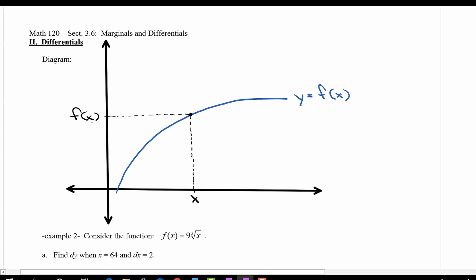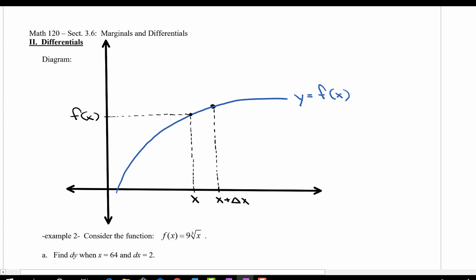And I'm going to choose a second point that's on this function. This time, instead of going up by just 1 unit, which is what I was doing when we were working with the marginal cost, I'm going to go up by a really small amount. Let's call it delta x.